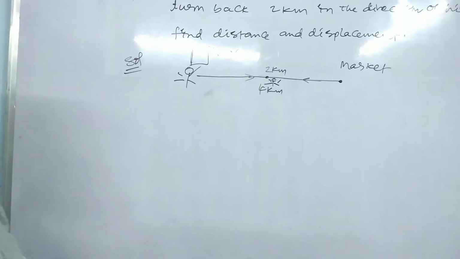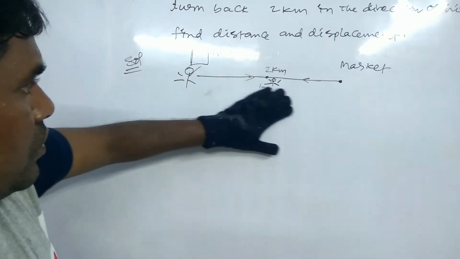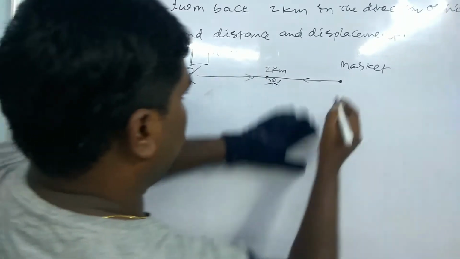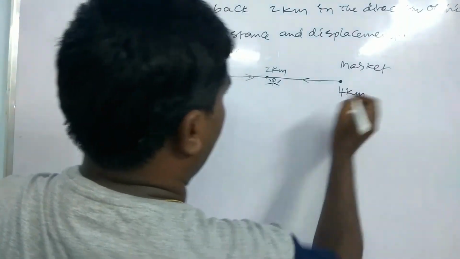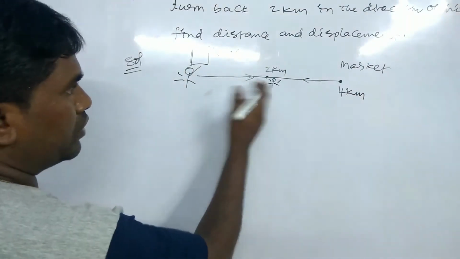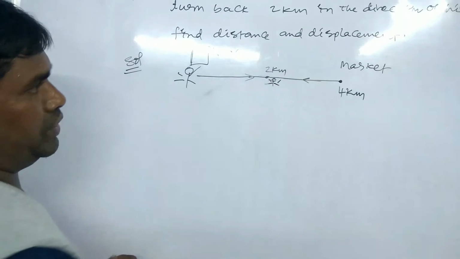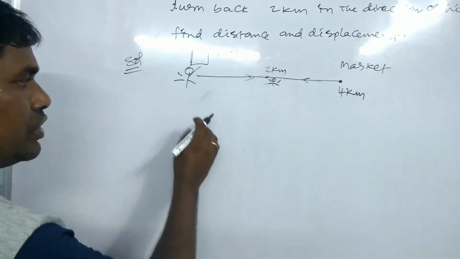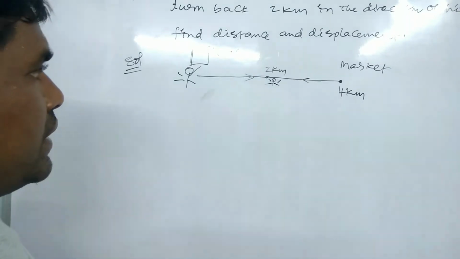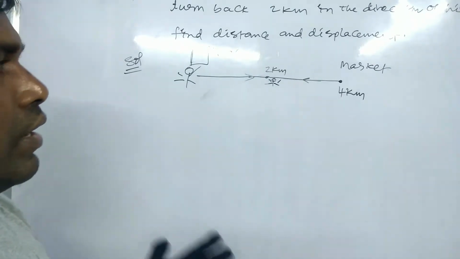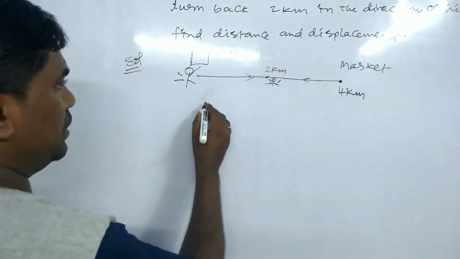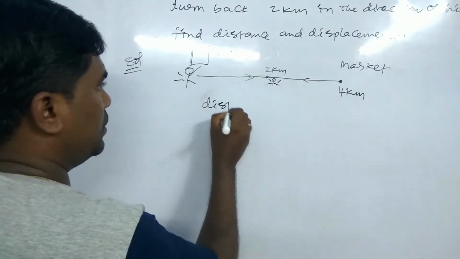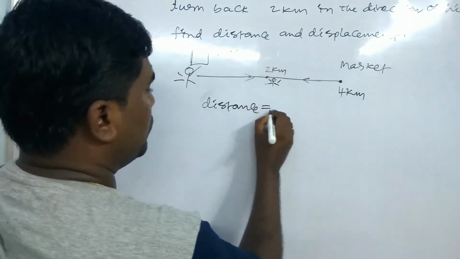So what is the distance and displacement here? Here the market is at 4 km of distance, and he turned back 2 km. The distance means the total path length covered by the person, or the total path length traveled by the particle.